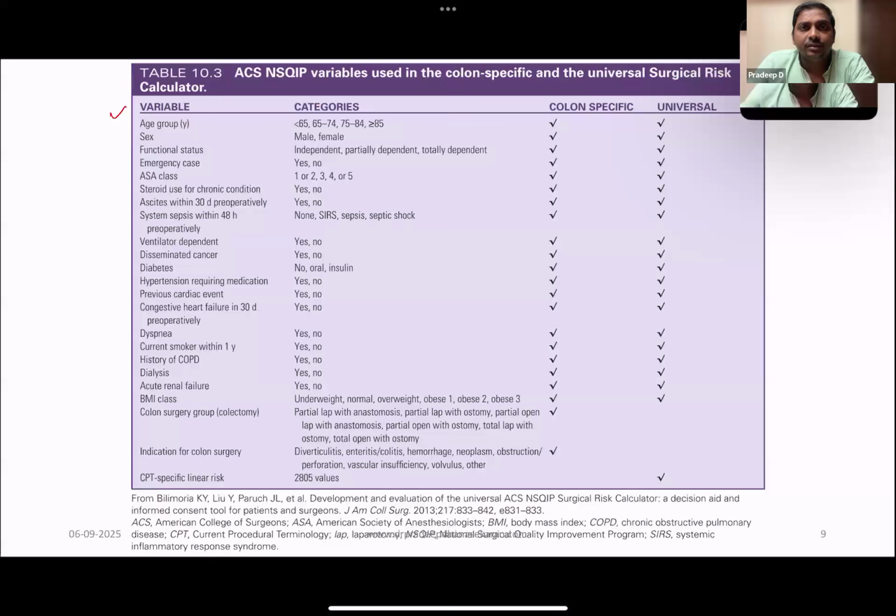If you apply the radical hysterectomy, it will list patients undergoing radical hysterectomy, and you have to input all the patient-related characteristics with regard to the patient's age, medical comorbidities, sex, emergency, ASA class, etc. Whether the patient had any history of anemia, COPD, etc. Everything should be inputted, and it will generate the result, and you can take a printout and attach it in the case sheet, and you can use that for patient consent explanation.